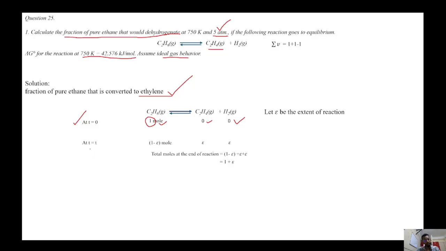But at some time the reaction started, and let E be the extent of reaction, that means the conversion. In this particular topic, we represent conversion as extent of reaction. So according to the stoichiometry, hydrogen will be produced E and ethylene produced E.